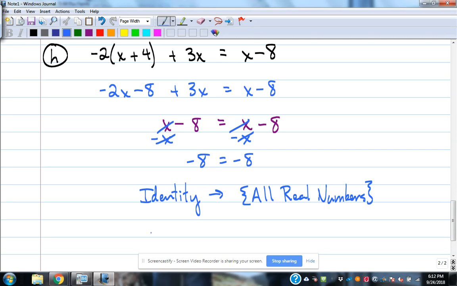It's an identity because it's identical on each side, and any real number that I pick will work for x in this problem. Okay? That's what that means. That only happens if it's identical on each side. Identity, the answers are all real numbers. That's an exceptional thing.